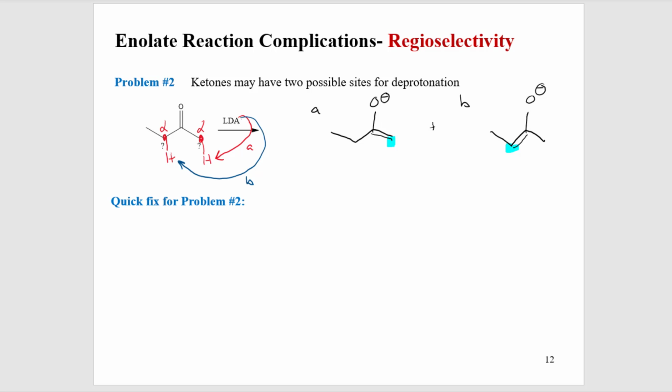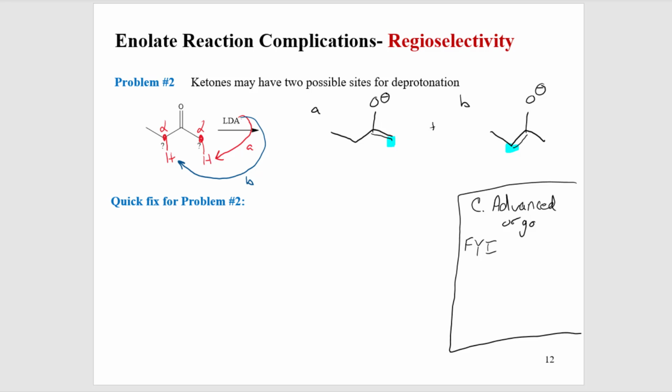So I also want to bring up one more thing. There is another option. See, this is advanced. I'm not going to test you on this, but in advanced orgo, and we do have control over this, this is more of an FYI, because it's kind of interesting.